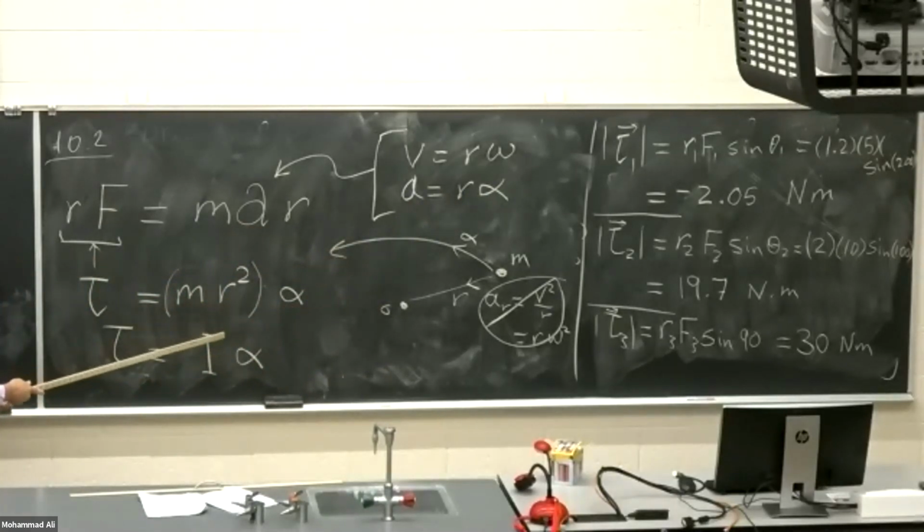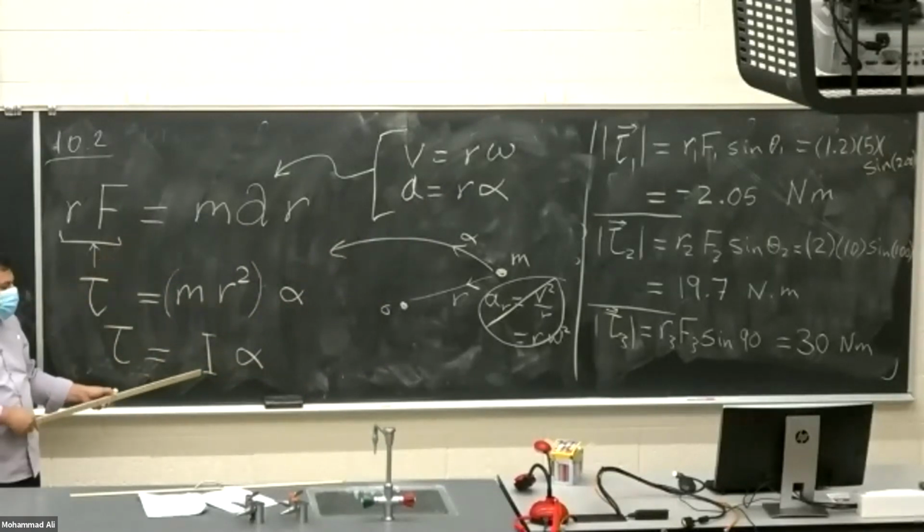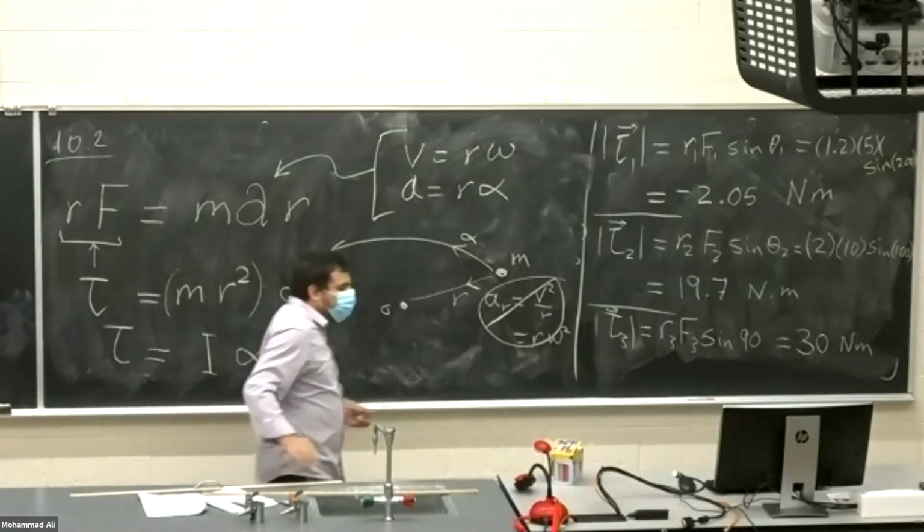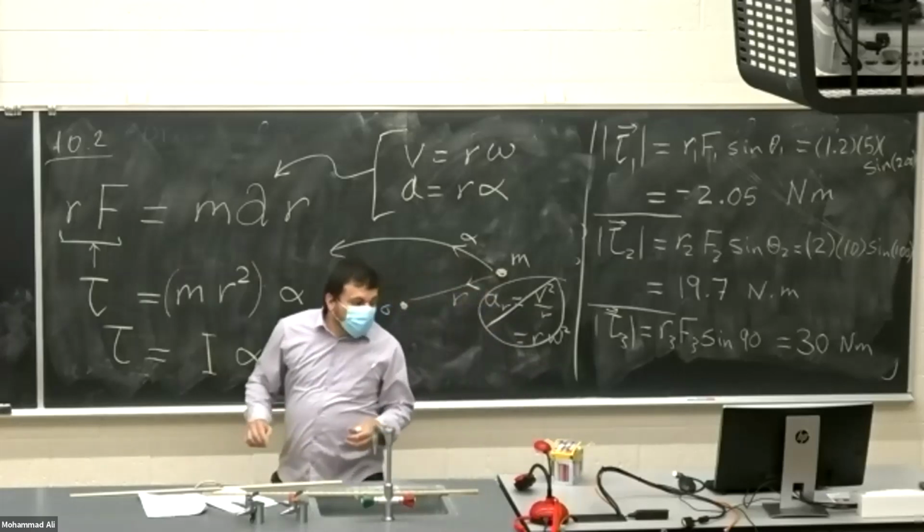R squared times m is the moment of inertia, I. Alpha is the angular acceleration, and tau is the force's rotational effect. The rotational effect of the force is equal to the rotational effect of the mass multiplied by the angular acceleration. It is Newton's second law again. Any question about that? It's simple, I think.